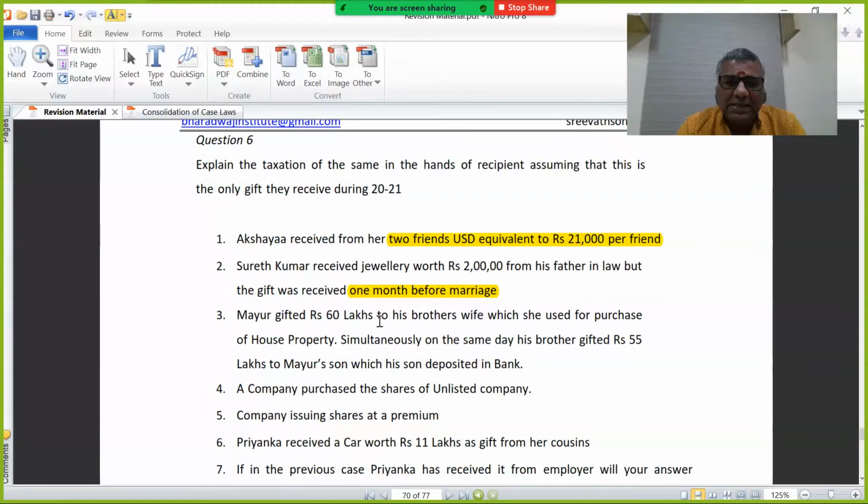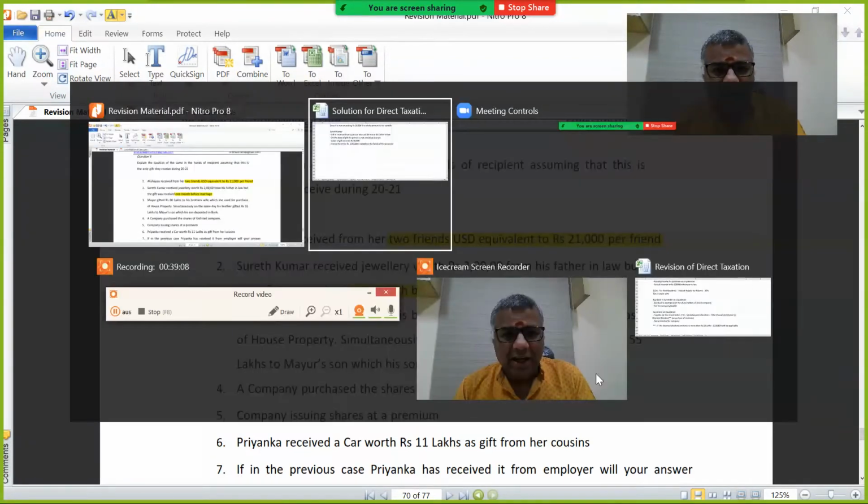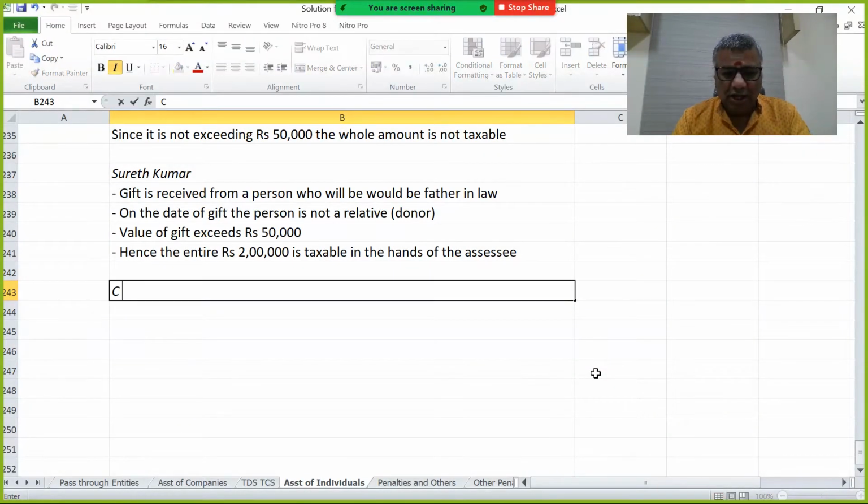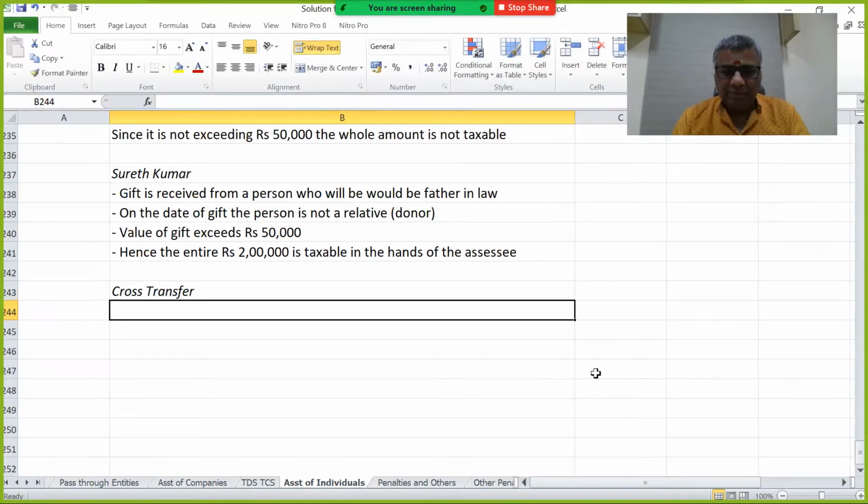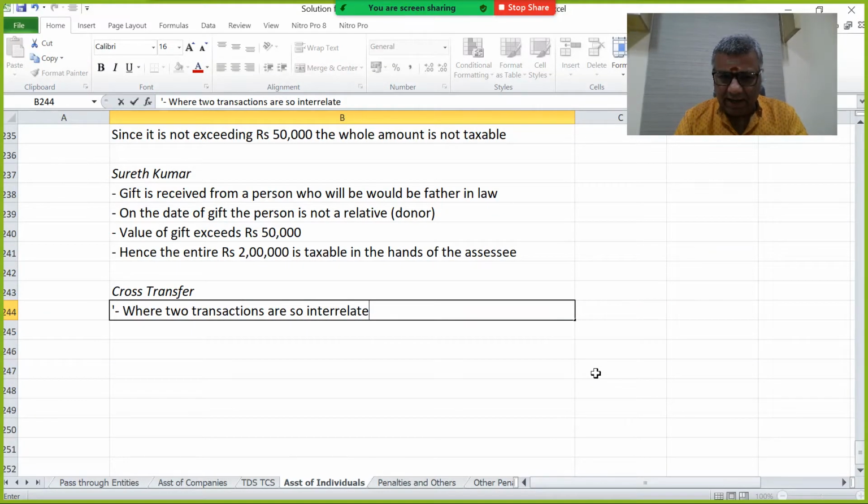Mayur gifted rupees 60 lakhs to his brother's wife, which he uses for purchase of house property. Simultaneously, on the same day, his brother gifted rupees 55 lakhs to Mayur's son, which is deposited in bank. This is known as cross transfer in our tax law, where two transactions are so interrelated that one leads to the other.